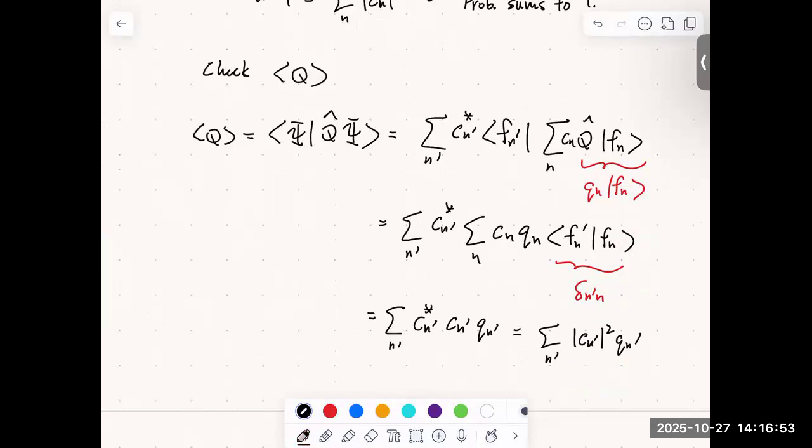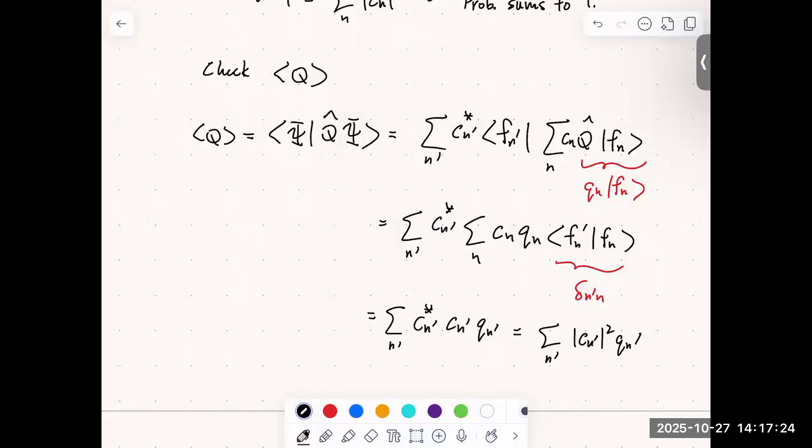Now, we've seen something like this before when we were talking about the energy states of a quantum harmonic oscillator or of the infinite square well. When we found the expectation value of the energy, it had exactly this form. It was the sum over n of Cn squared times En. And that's because those stationary states that we were using are eigenfunctions of the Hamiltonian.